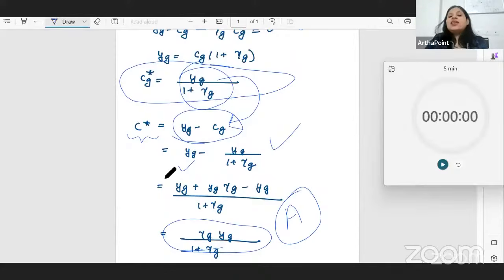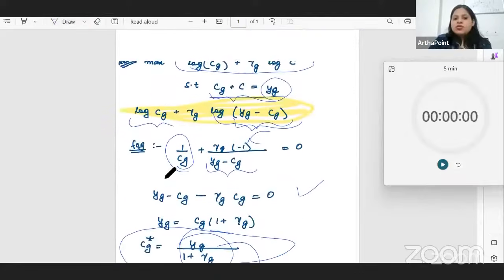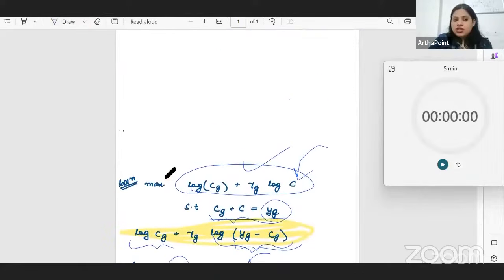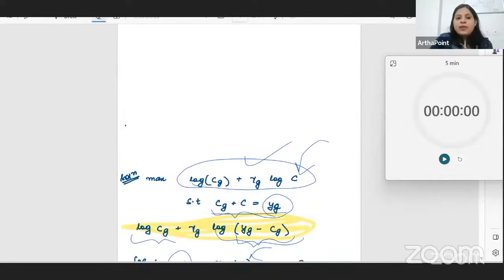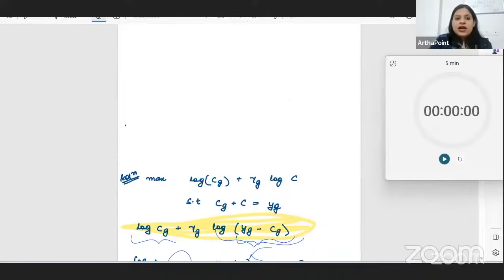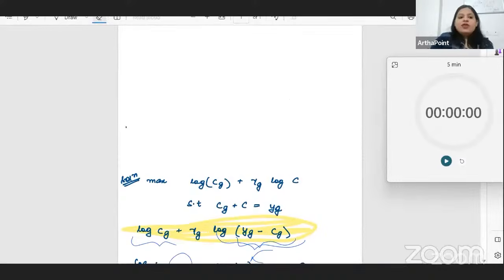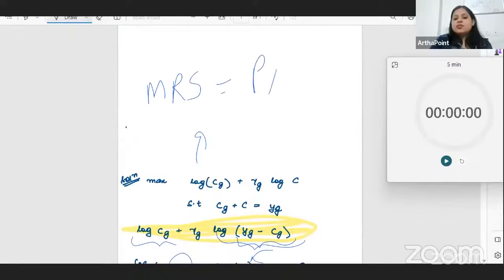It is very simple. If this seems difficult, then use your normal method. What is your normal method? If this is my utility function, then how do I apply my normal technique? I would have done MRS equal to PX by PY.